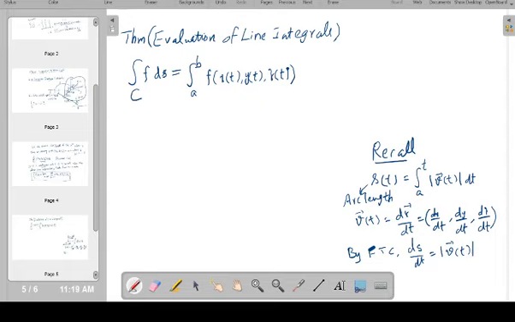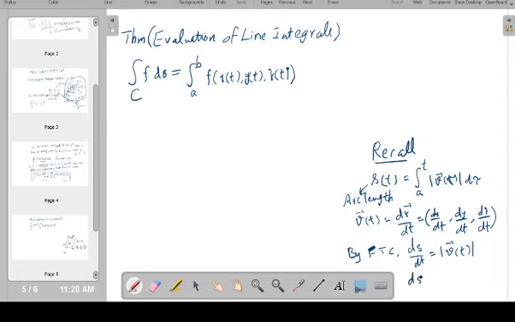Okay, let me write this as tau instead of t, because t is used here in the upper limit, so the dummy variable is denoted by tau. So ds by dt is value of the integrand at the upper limit.